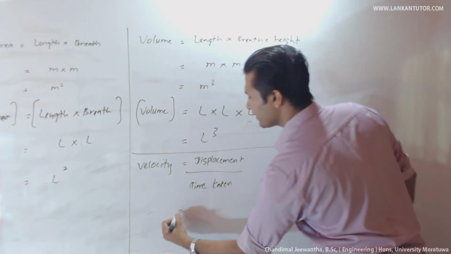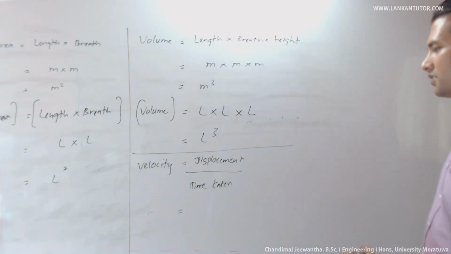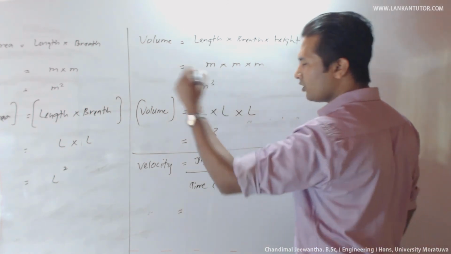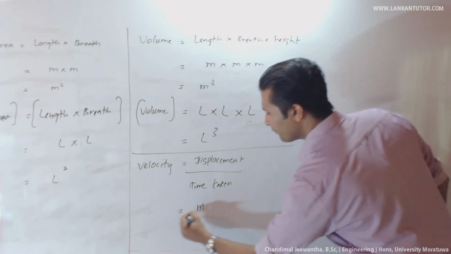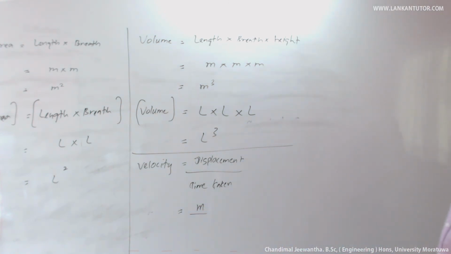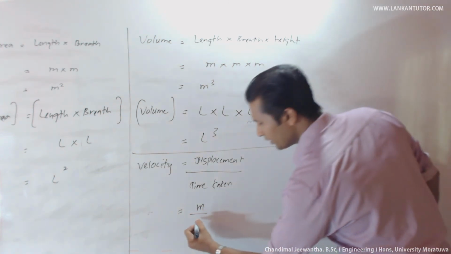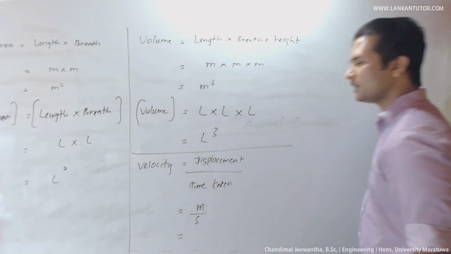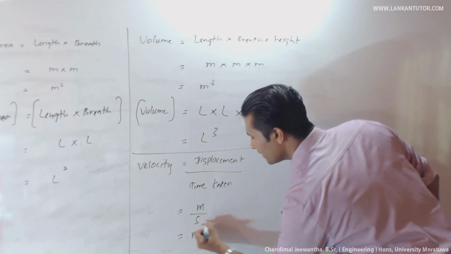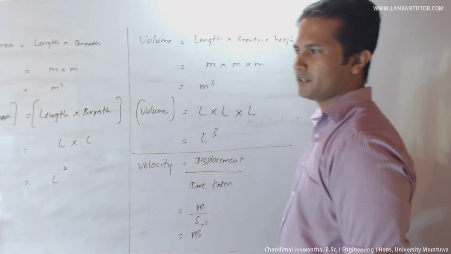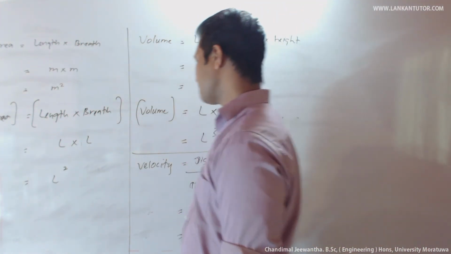Displacement belongs to length, therefore the unit should be simple m, meters. The unit of the time taken should be simple s. When s goes up, that becomes ms minus 1.